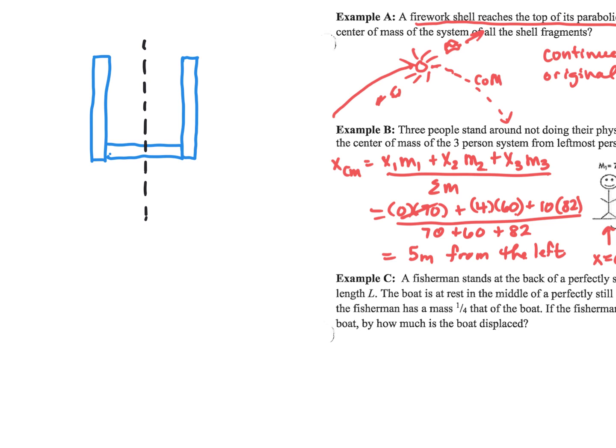So what I want to know is where down the middle does it lie? Does it lie here at A? Does it lie up here? Does it lie halfway in between? Halfway again? Or even partway between those? Where is the center of mass going to be?